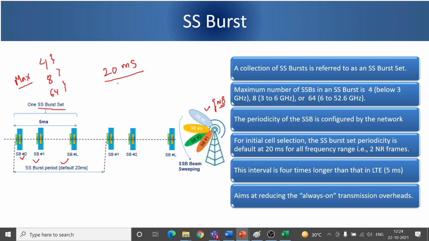Here is a difference: in 4G, every 5 milliseconds they transmit the primary synchronization and secondary synchronization, so it is a kind of always-on transmission, right? In 5G, it is repeated after 20 milliseconds, so a lot of overhead is reduced. Any doubt on this diagram?